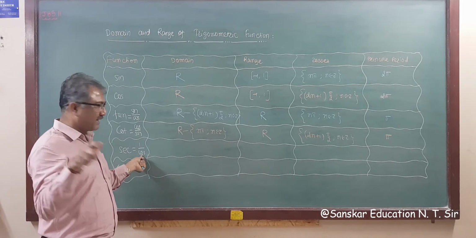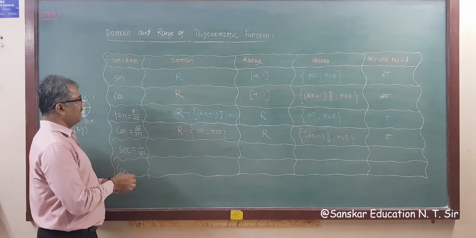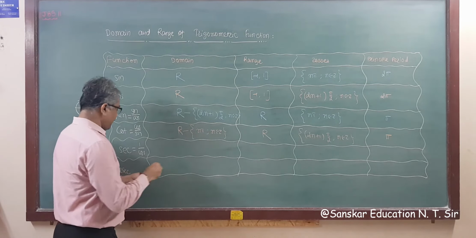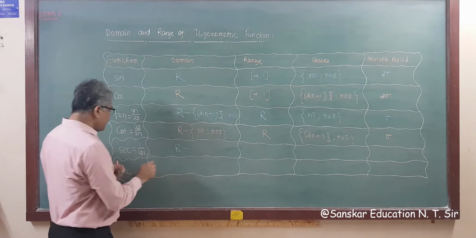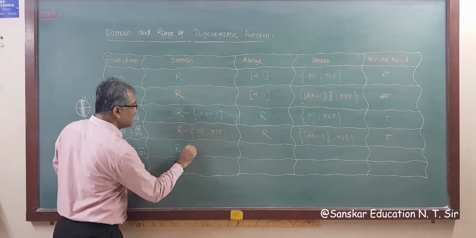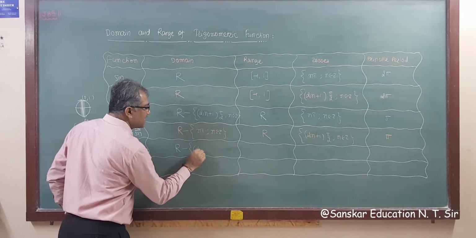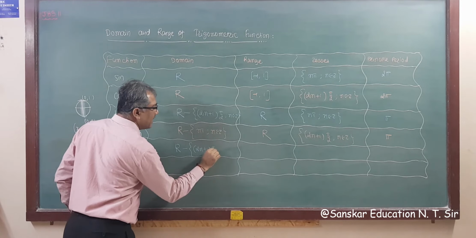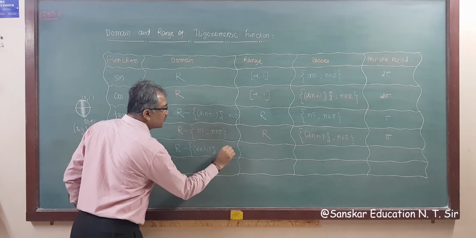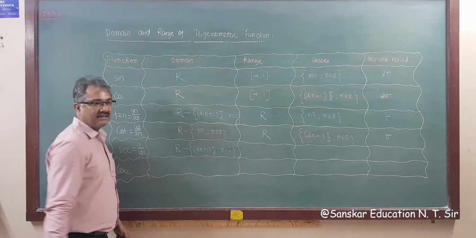So from the set R you have to subtract the set of zeros of the cos function, that is, twice n plus 1 pi by 2, n belongs to Z.